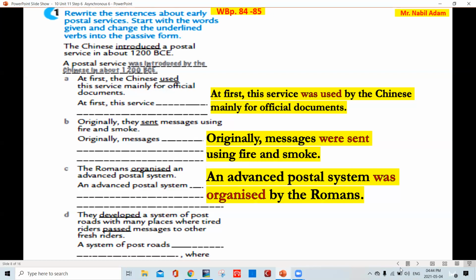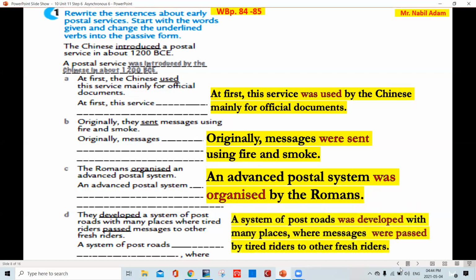A system of post roads was developed with many places where tired riders passed messages to other fresh riders. Begin with, messages. Where messages were passed to other fresh riders by tired riders.